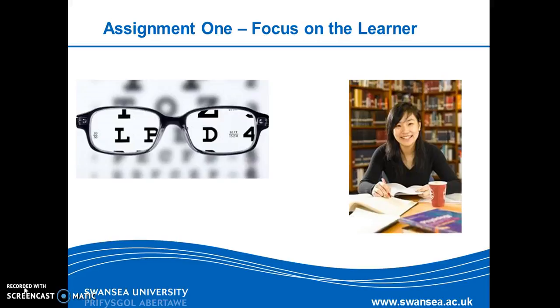We'll begin with assignment 1, focus on the learner. And as the pictures suggest, the purpose of this assignment is to allow you to look in detail at the background and language and skills abilities of a particular learner of English. The first part of the assignment involves the investigation of the learning context and assessment of learner needs with reference to a specific learner.